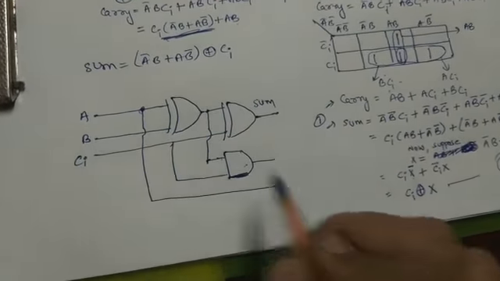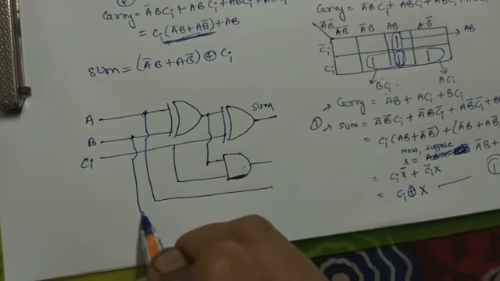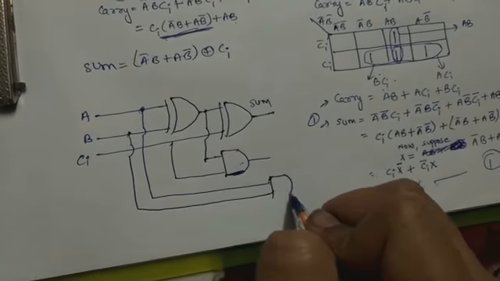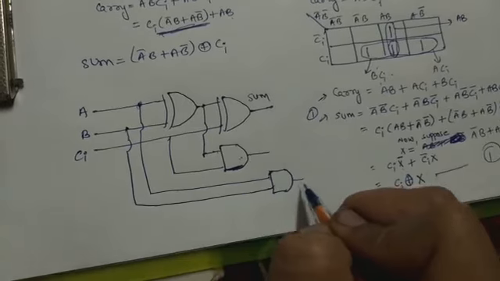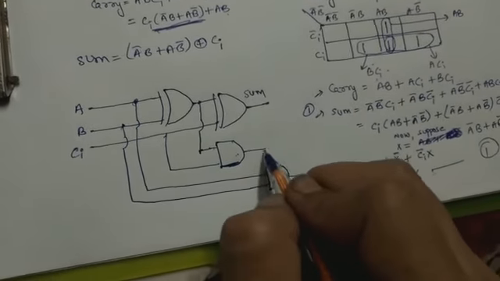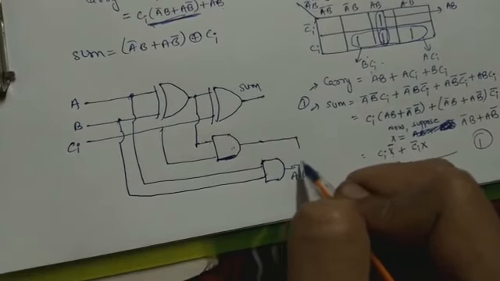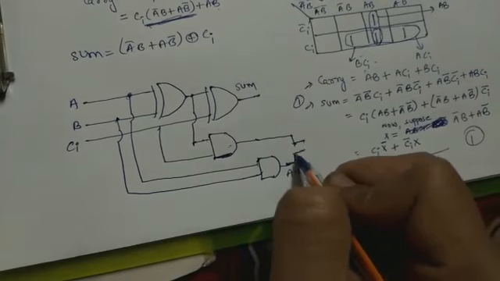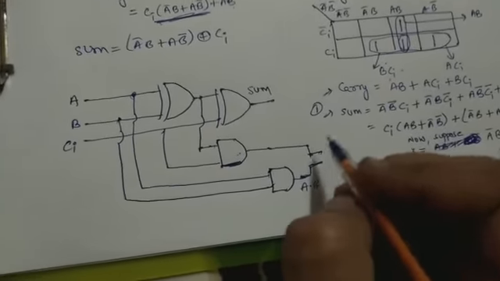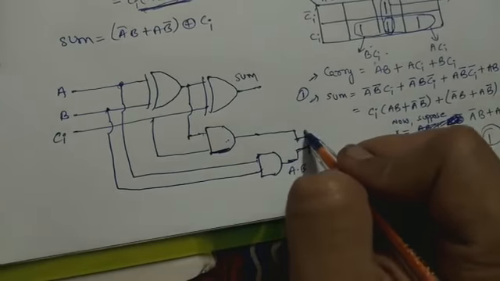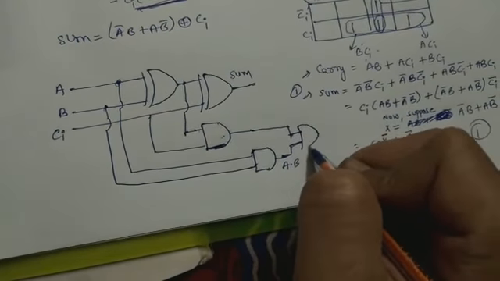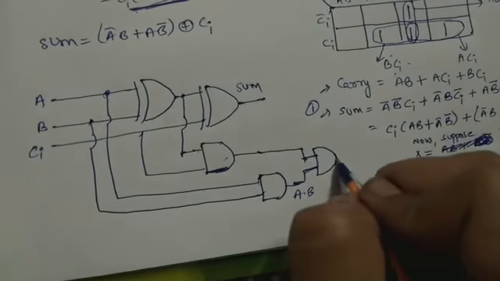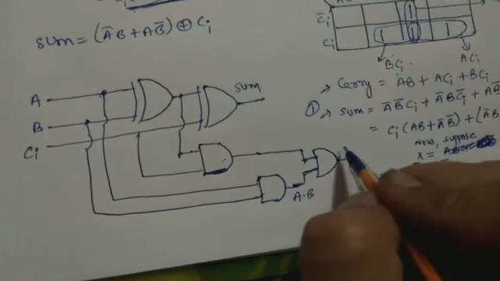This is A, and from here I am taking B. This is AB. So we mainly have to get to know the concept, so I am not paying much attention to how neatly it is being drawn. So here we are getting the carry equation now.